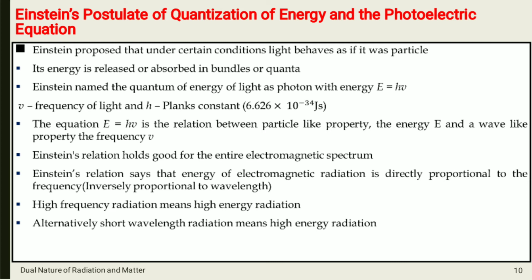You know that frequency and wavelength are reciprocal to each other. High frequency radiation means high energy radiation. As energy is directly proportional to frequency, if frequency is more, energy is more. Alternatively, short wavelength radiation means high energy radiation.